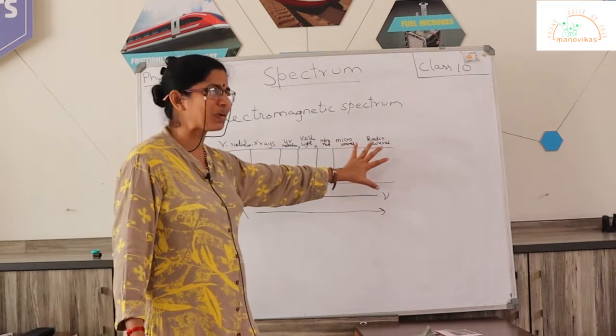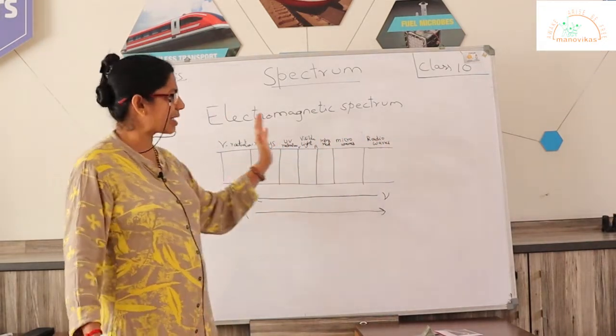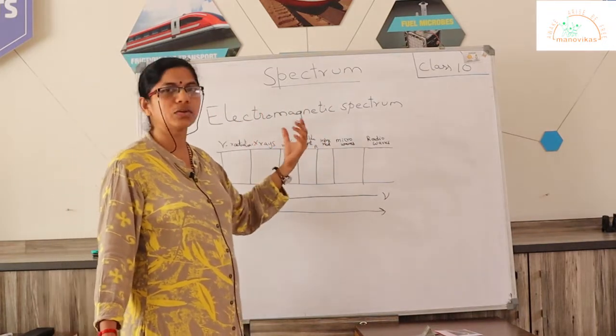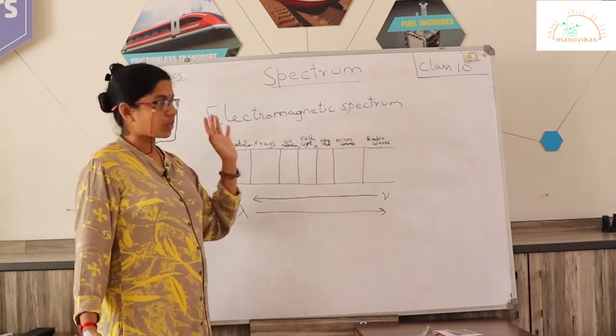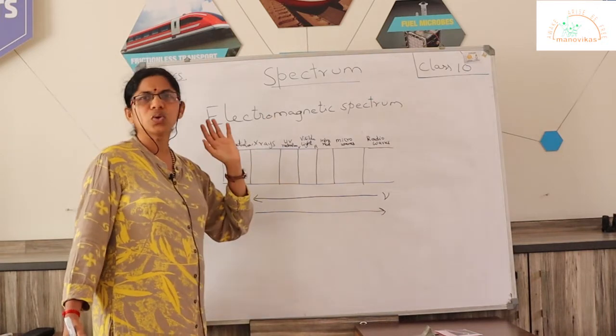Now what are the properties which are common to all these radiations? Okay, they all travel at the speed of light, which is equal to 3 into 10 to the power of 8 meters per second. Then these radiations can travel through vacuum.